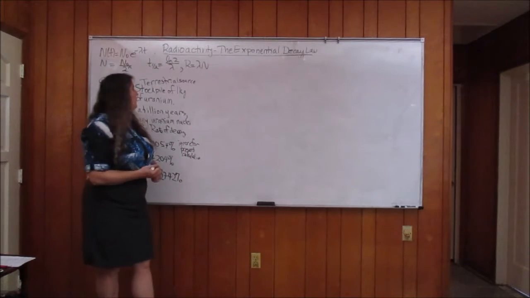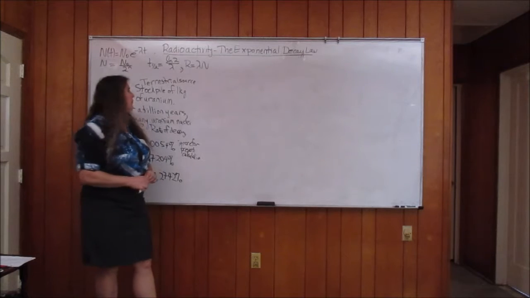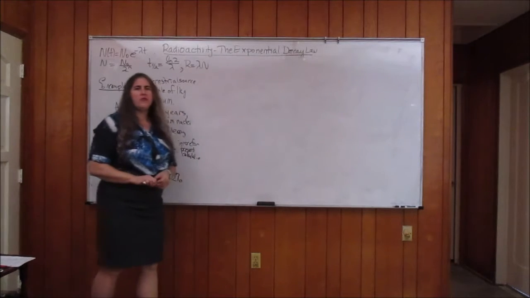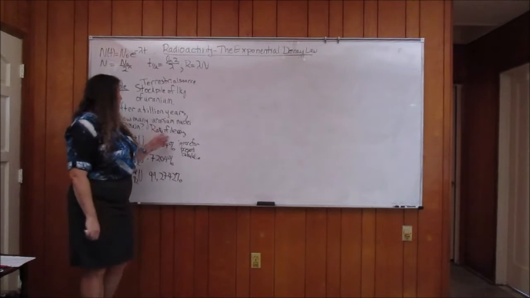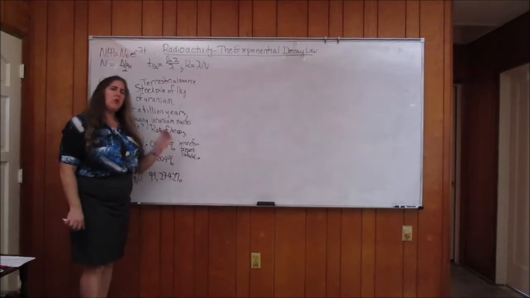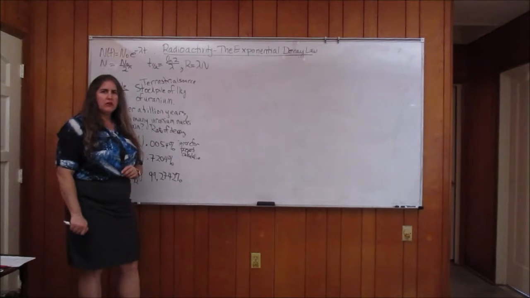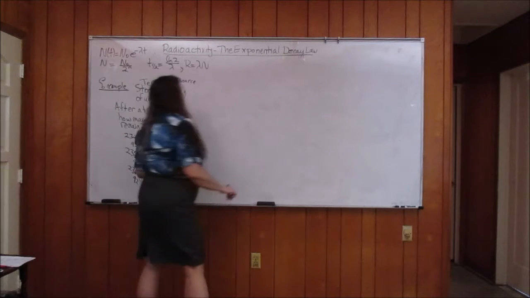Now, there's another interesting problem that you can work regarding U235 and U238. It's believed that those two isotopes of uranium were formed in a supernova explosion.